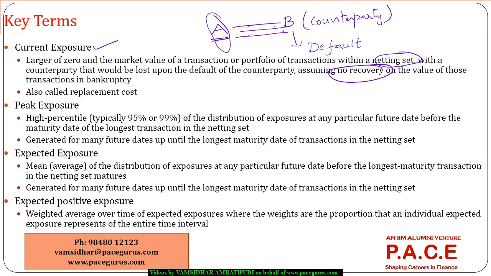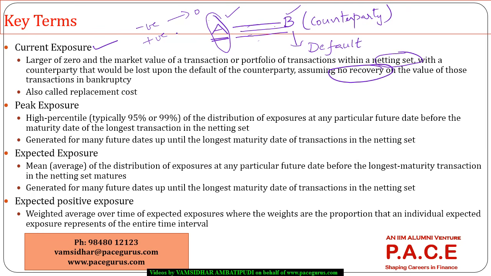So even after putting the netting, what is the total amount of loss for A because of default of B? So if it is negative, I'll treat it as 0.